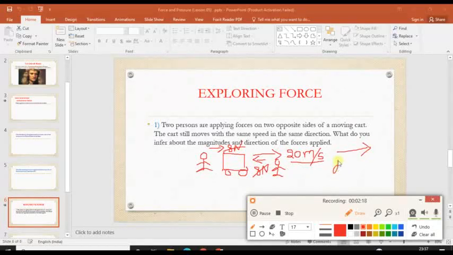So direction is also the same. The reason for this is the two persons are applying the same force in opposite directions. So in that case, we have to subtract. So 8 minus 8 is 0. So the net force applied by them is 0. Right? So that is the way to understand this.